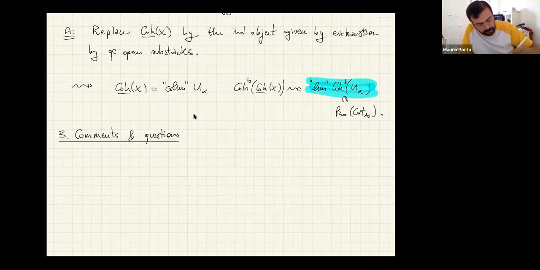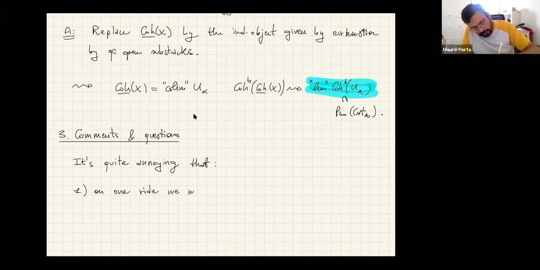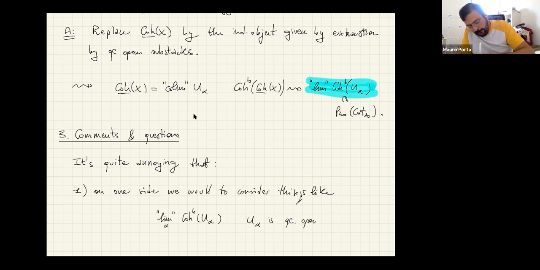The thing that really bothers me the most is that it's quite annoying that on one side we would like to consider things like this limit of Coh b of U alpha, where U alpha is some quasi-compact open exhaustion.